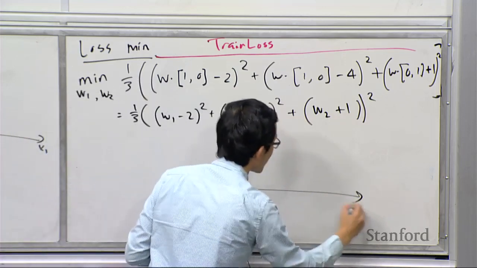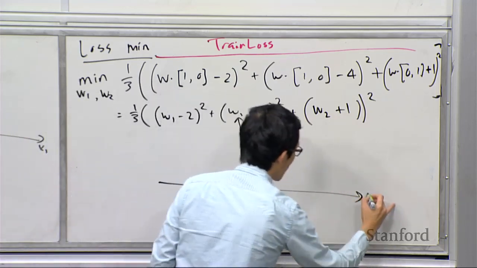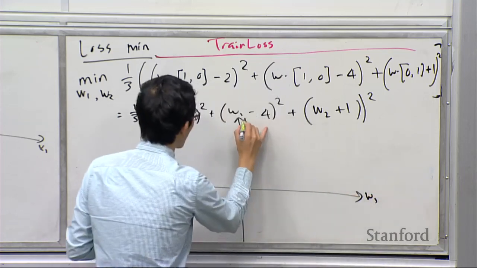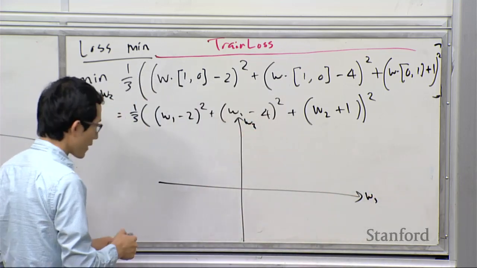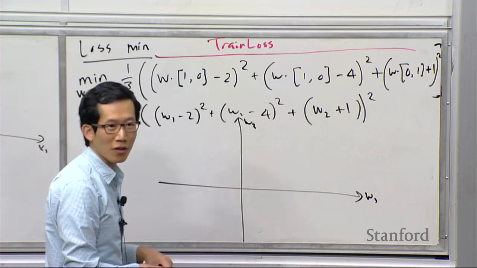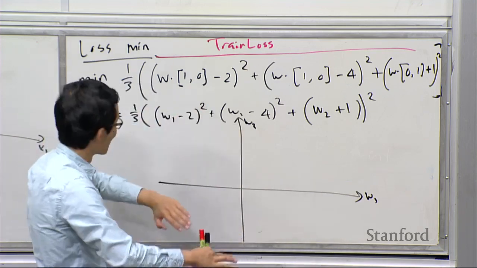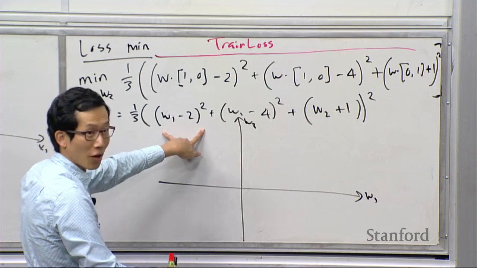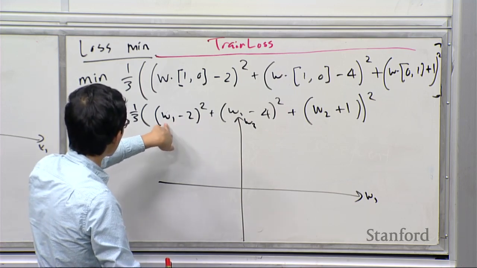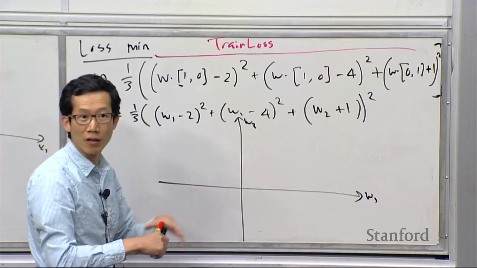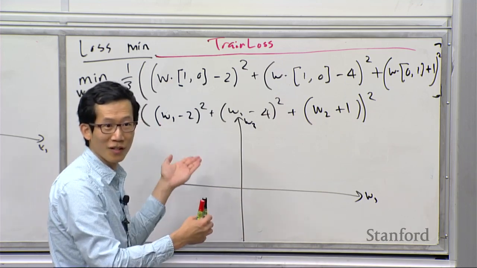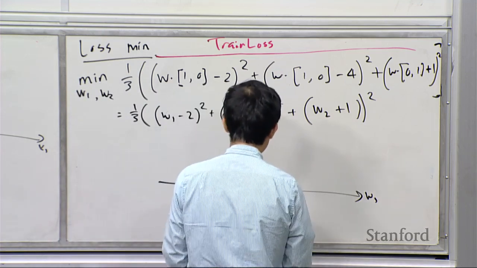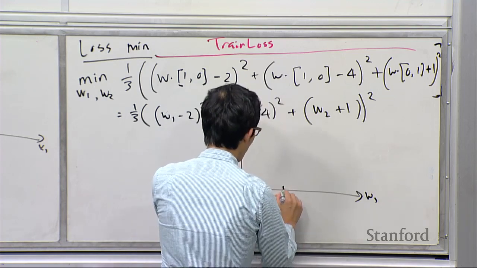And if we want to plot it, what it looks like is as follows. So now we're plotting W space, W1, W2. This is a little bit hard to plot, so I'll try to wave my hands on the board here. If you look at this term, what does this want? This wants W1 minus 2 squared to be small, which means that it wants W1 to be close to 2. So here's 2.